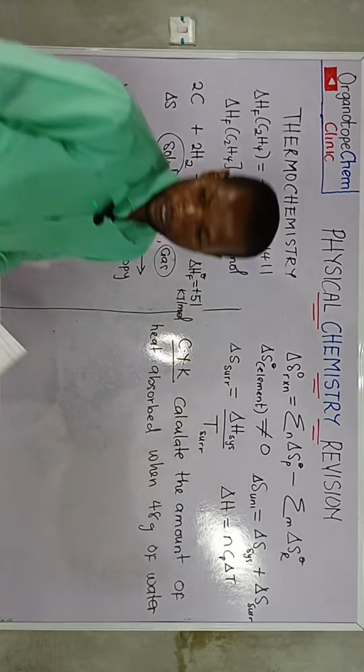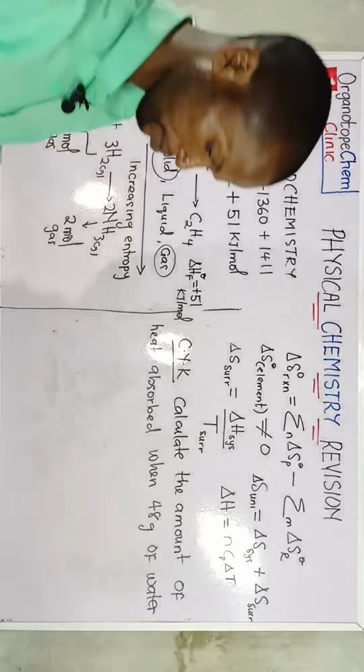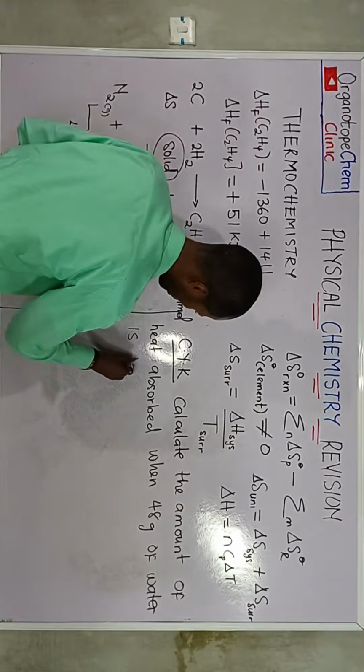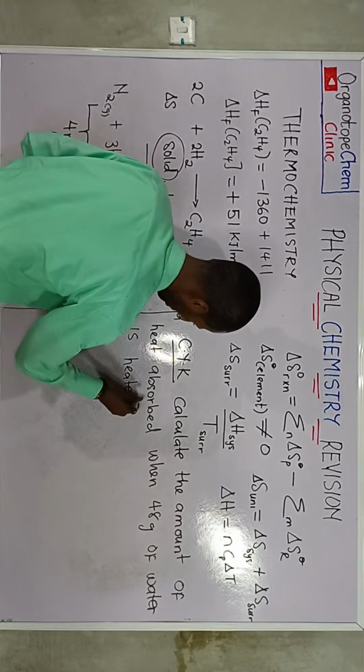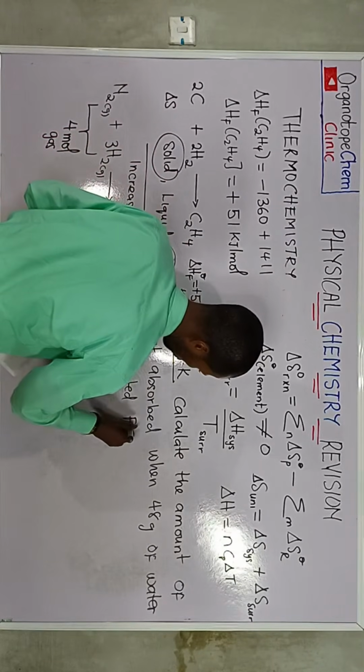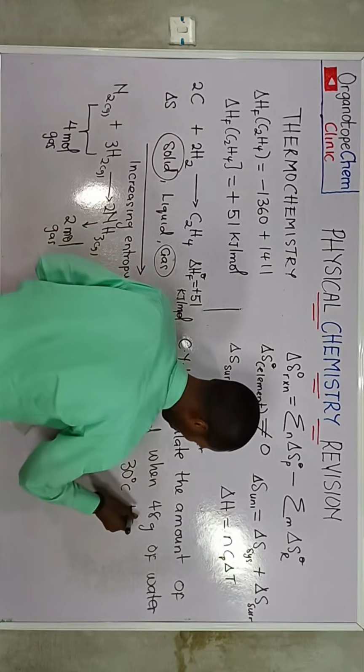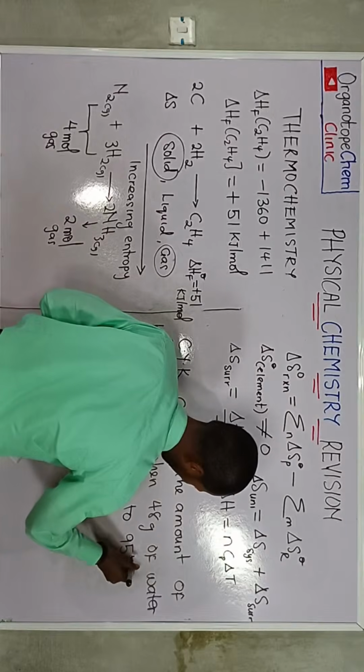48 grams of water is heated from 30 degrees Celsius to 95 degrees Celsius.